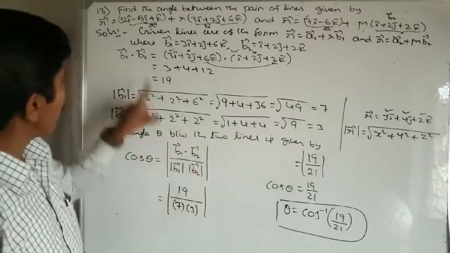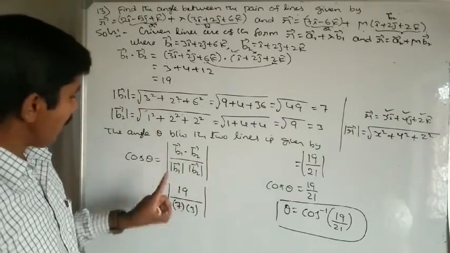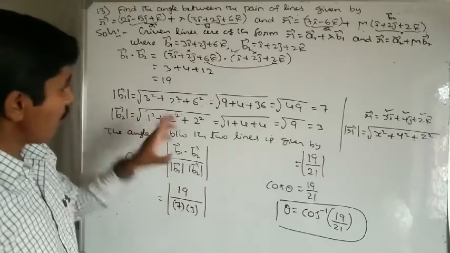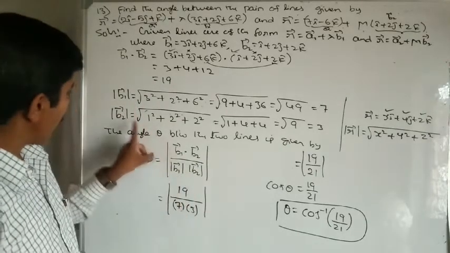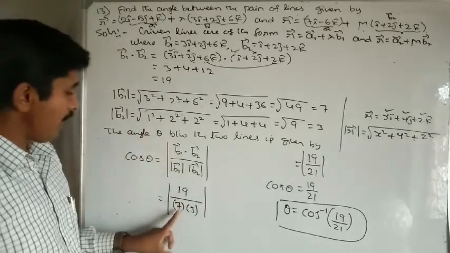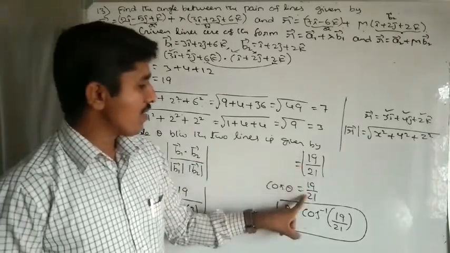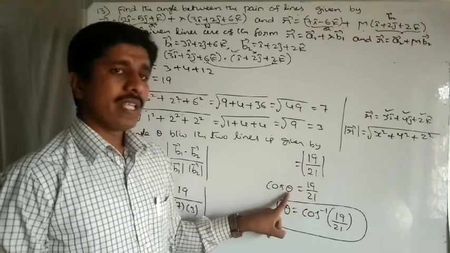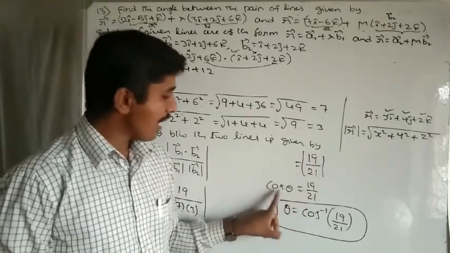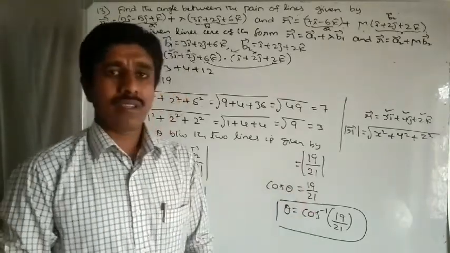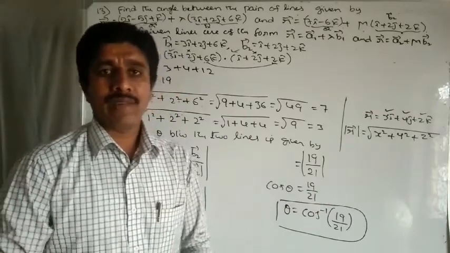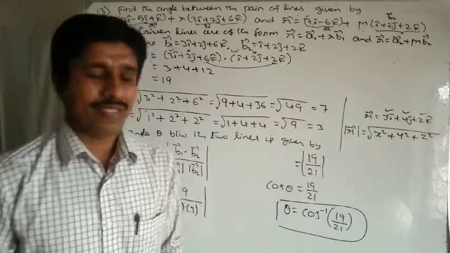Vector b1 dot vector b2 value 19, divided by magnitude of vector b1 value 7, magnitude of vector b2 value 3. 19 by 7 into 3, 21. So modulus value here is positive, 19 by 21. Then theta equal to cos inverse of 19 by 21 according to the definition of inverse trigonometric function. Got it?